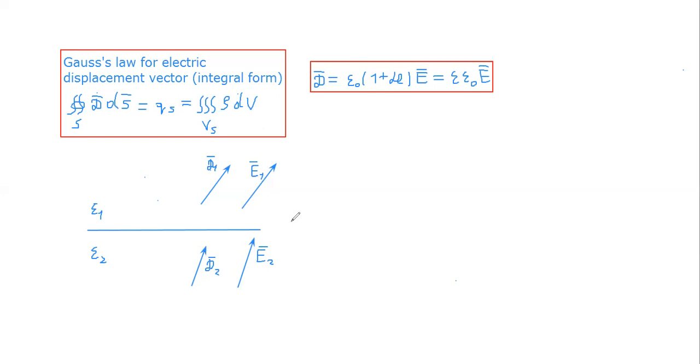Let's consider an infinitely small closed surface that has cylindrical form. Let's have a look at a closed surface that is the surface of a cylinder.